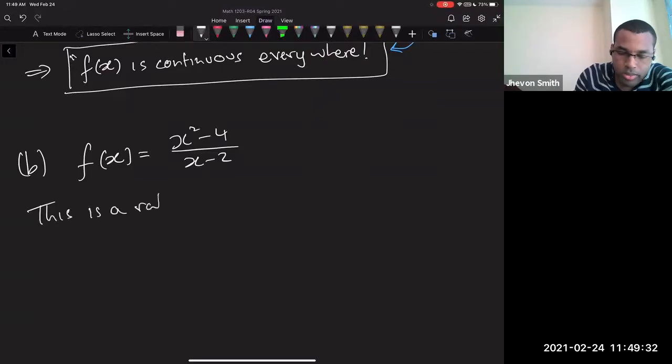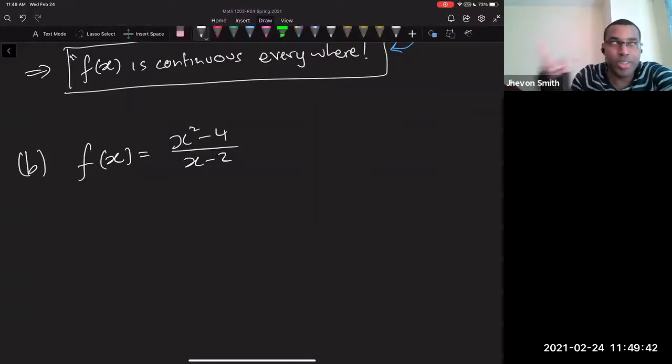This is a rational function. No, I don't want to say that. That's begging the question. You would say that after you know this, but we actually want to prove this.